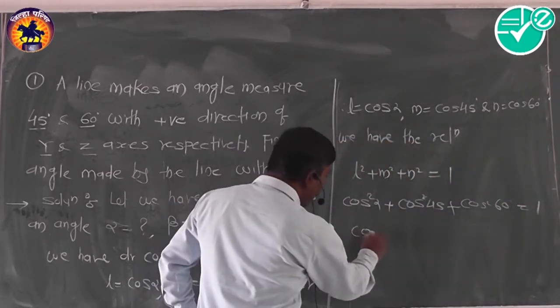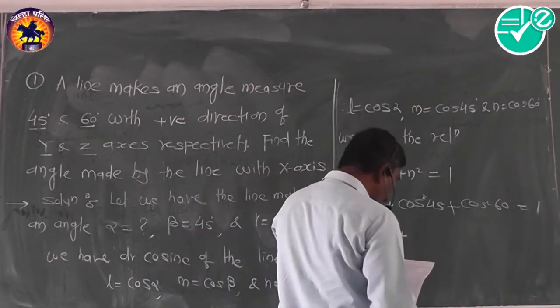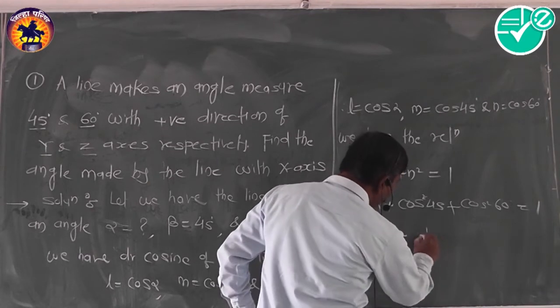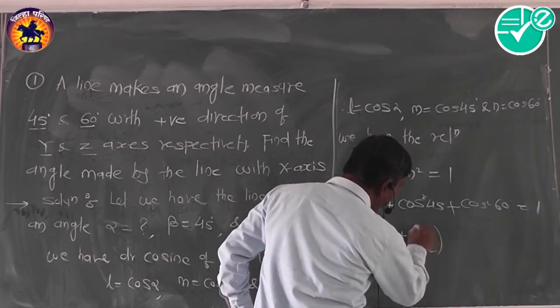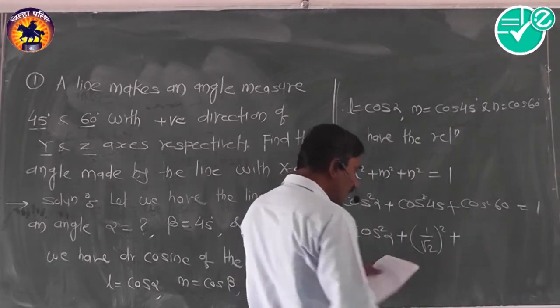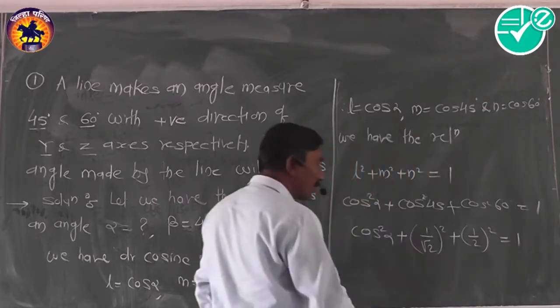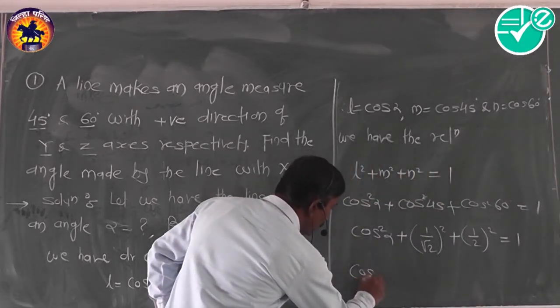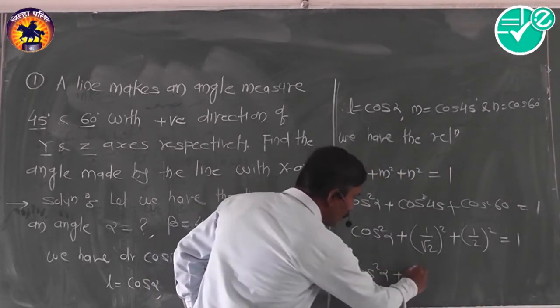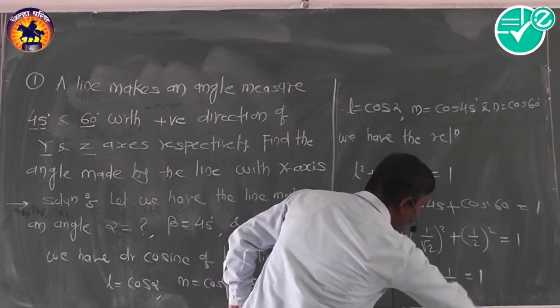That is cos square alpha as it is, because we have to find that value. Cos 45 degree is 1 by root 2, squared, and cos 60 is 1 by 2, squared, is equal to 1. So this becomes cos square alpha plus 1 by 2 plus 1 by 4 is equal to 1.